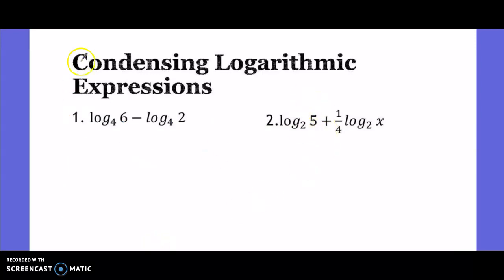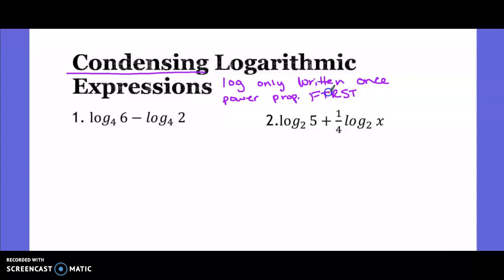Condensing, so going the opposite way. Condensing means log only written once. So you only have one log and you do the power property first. With expanding, you do it last. With condensing, you do it first. So if there is a number in front of the word log, you make that an exponent first.